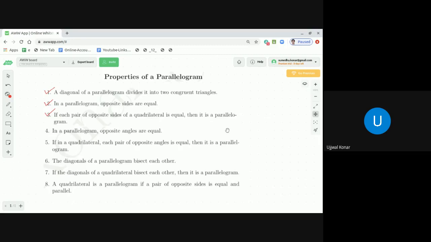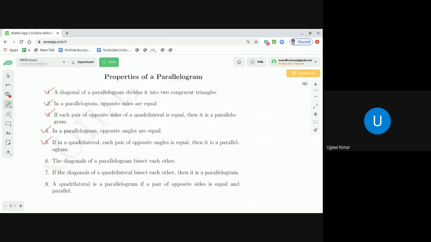The fourth property says that in a parallelogram, opposite angles are equal. The fifth property is that if in a quadrilateral, each pair of opposite angles is equal, then it is a parallelogram.